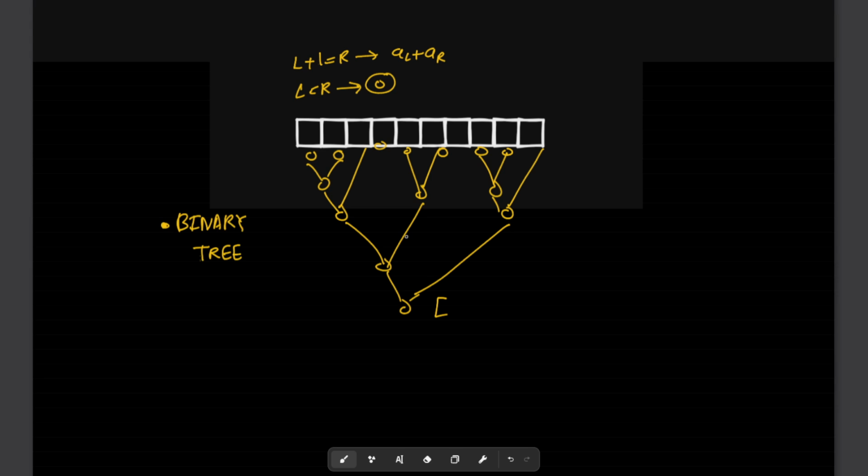And we need to know what is the cost to arrive at this node, and the cost to arrive at this node would be the sum of the costs on any path from the leaf node to the root, which has the answer for the entire array. So for all the possible binary trees that can be generated, we need to know the answer for which the sum of these values is minimized.